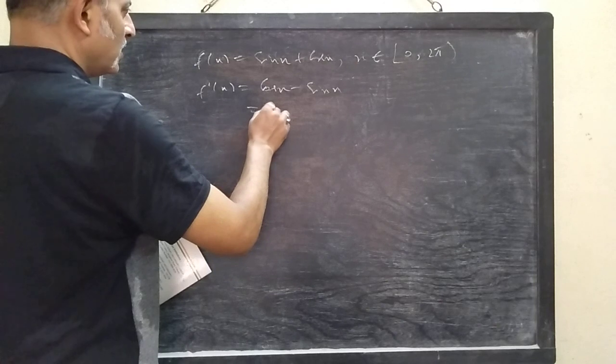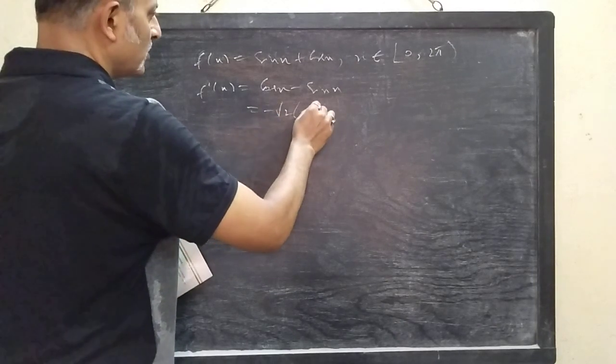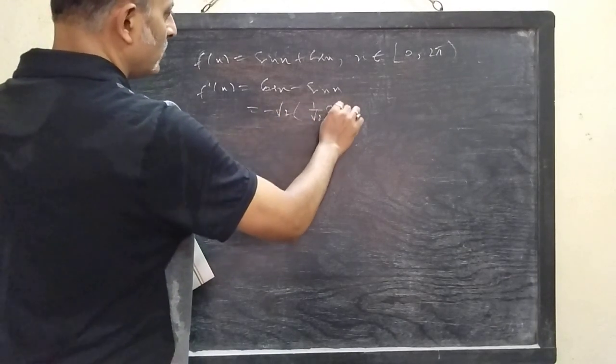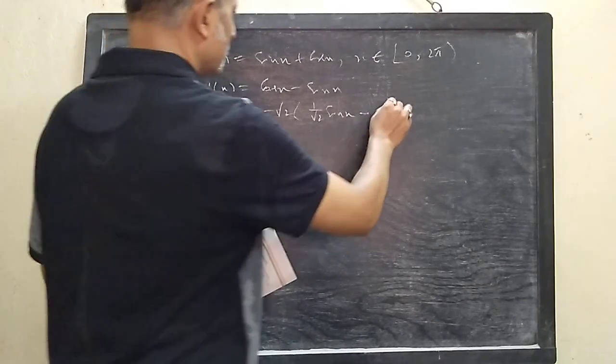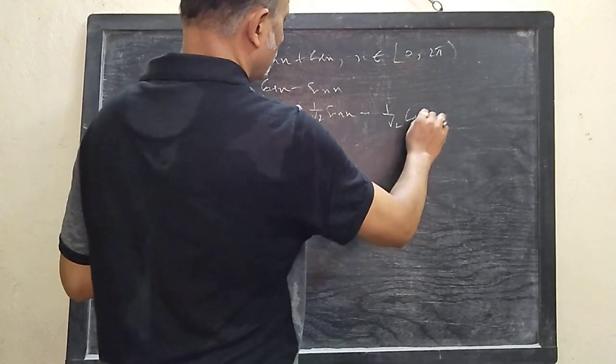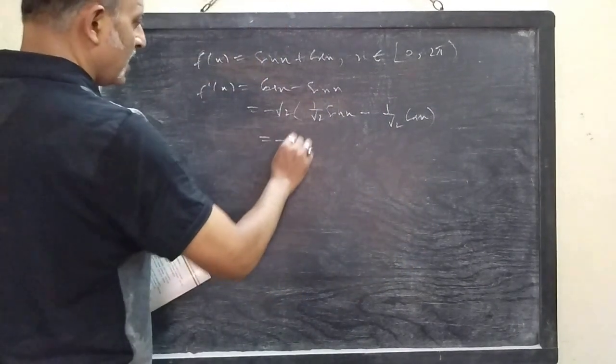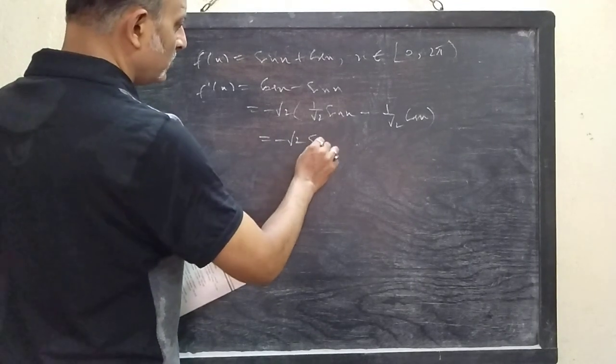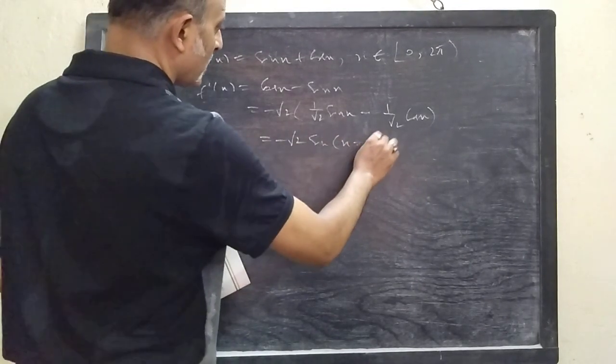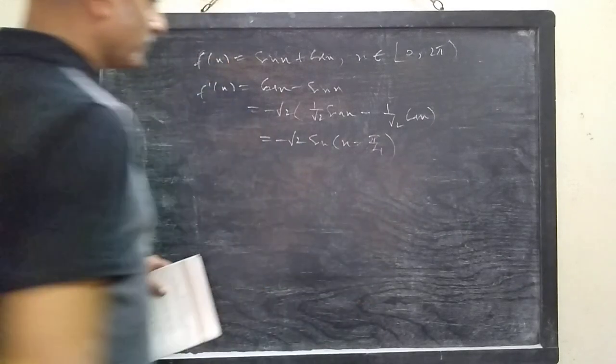If you take minus root 2 common, this will become 1 by root 2 sin x minus 1 by root 2 cos x. So you can write it as minus root 2 sin of x minus pi by 4.